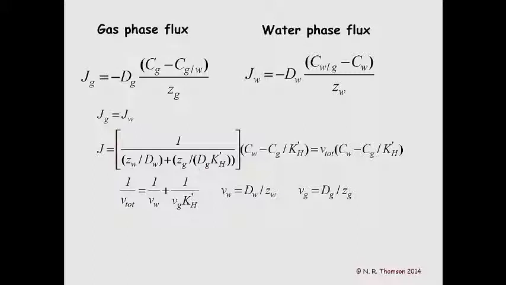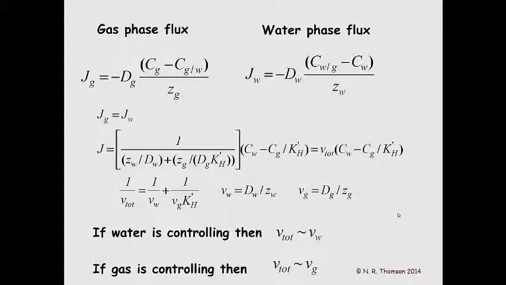The quantity within the square brackets is also called the volatilization velocity, or VTOT, that is over here.